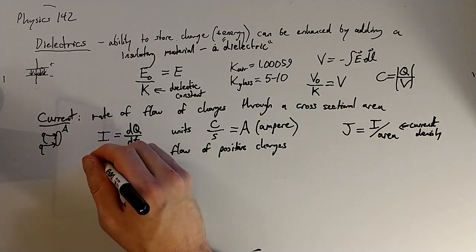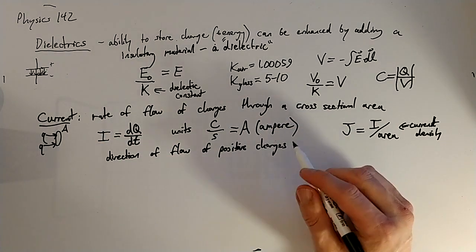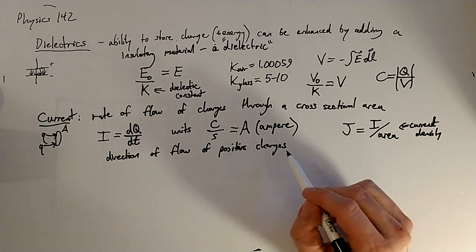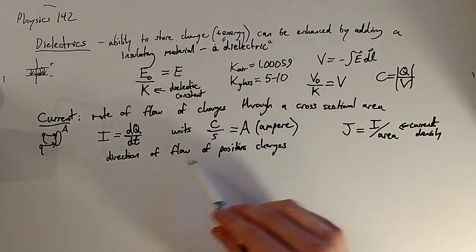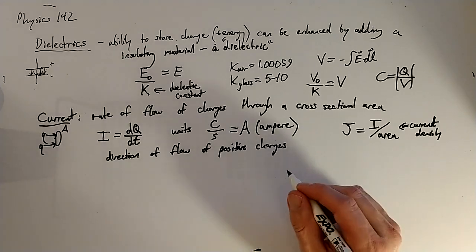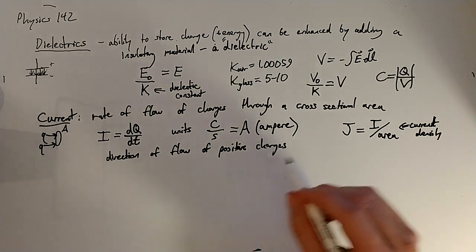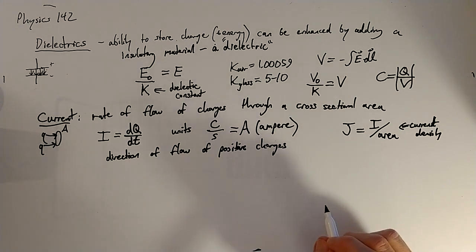We know that actually in wires it's the electrons that move, but for historical reasons, we've always taken the direction of current to be the direction positive charges would flow. So that is from positive to negative. All right, so that is the concept of current.